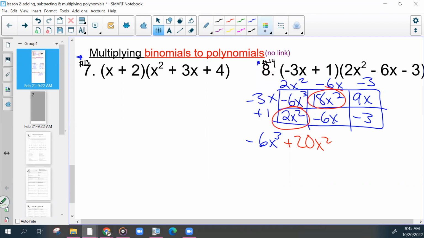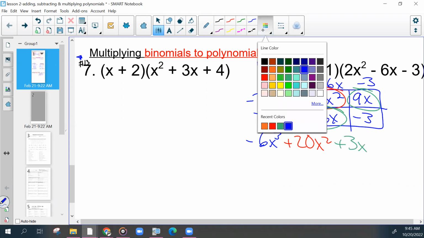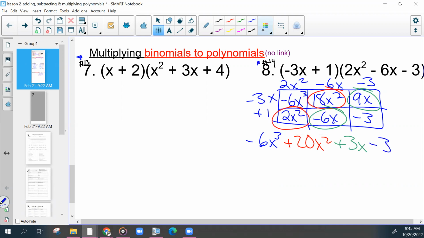We have two sets of x's. 9x minus 6x is a positive 3x. And then our negative 3 at the end does not have an x there. So our final answer would be that polynomial, negative 6x to the third plus 20x squared plus 3x minus 3.